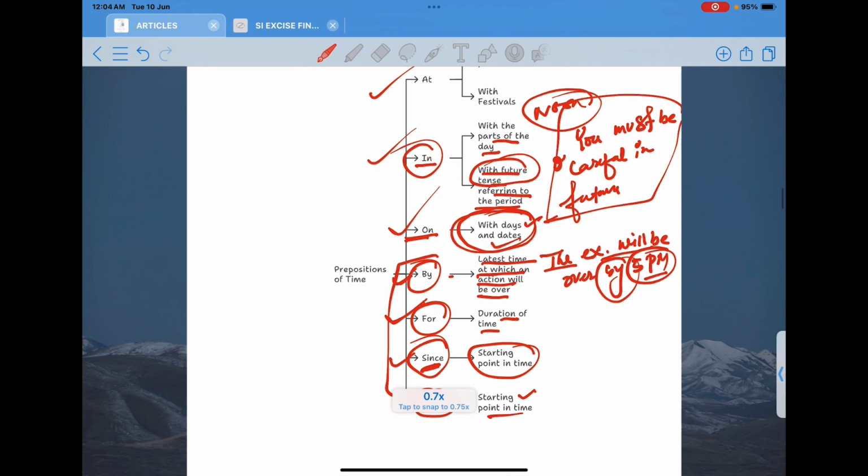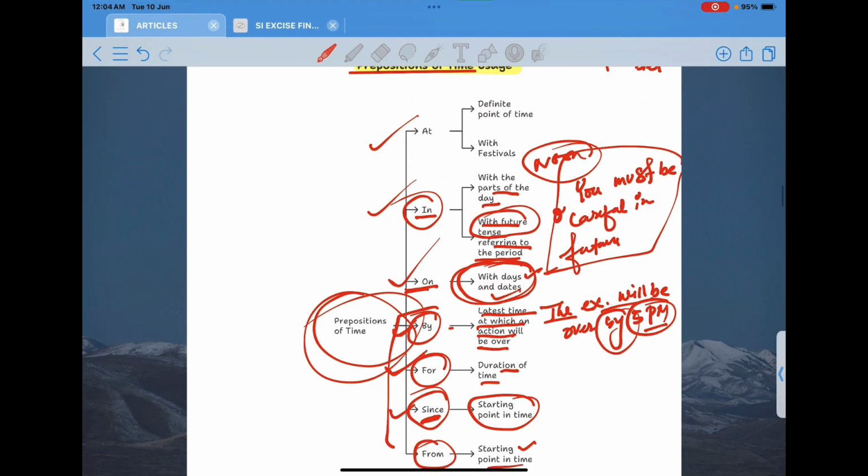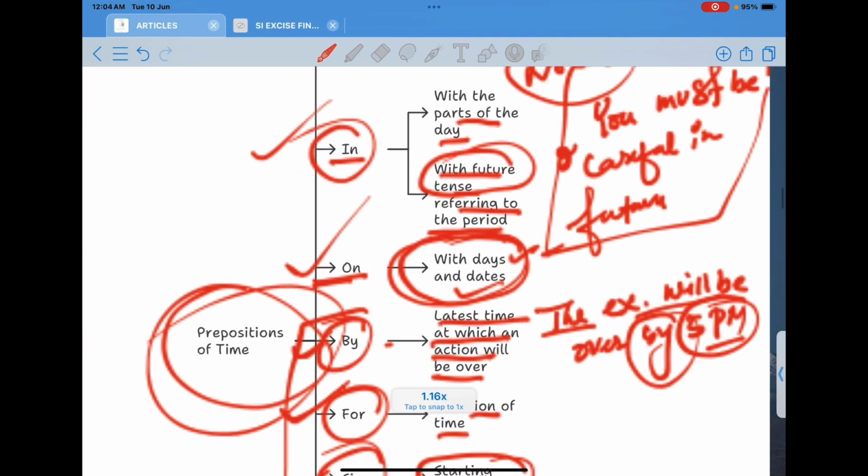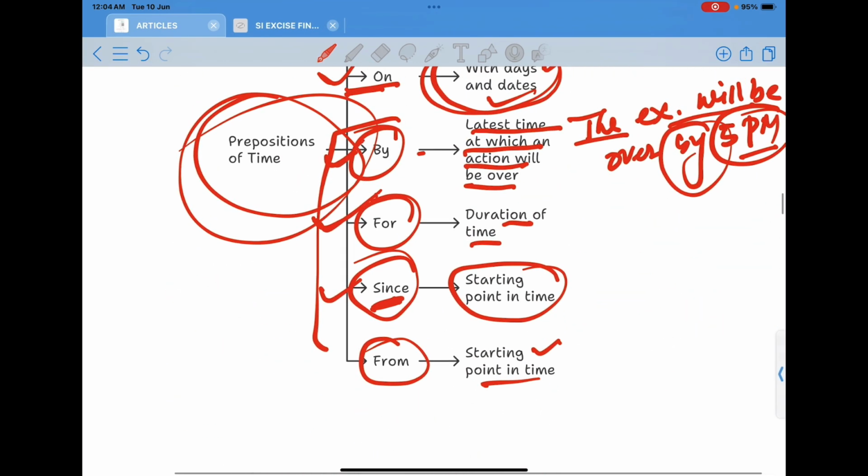So this preposition of time altogether is very important. Remember each and everything. Make your own notes, revise it well. This is the only way you can learn, otherwise you can't. If you are thinking that one night before your exam you will read everything and you can deliver in the paper, no, you can't, unless you are a genius.